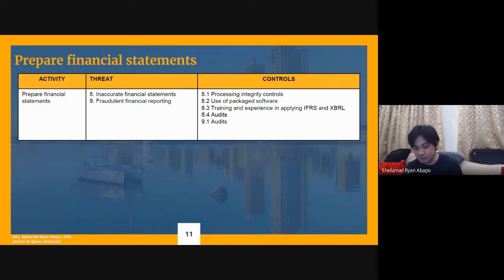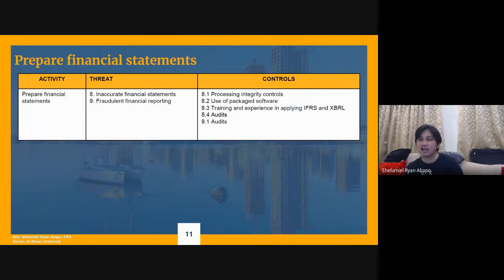XBRL. What is an XBRL? An XBRL report is, we call it, extensible business reporting language, which is a variant of what we call the extensible markup language, which is specifically designed for use in communicating the content of financial data.